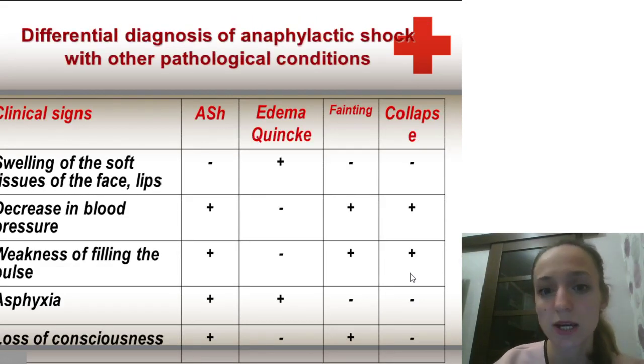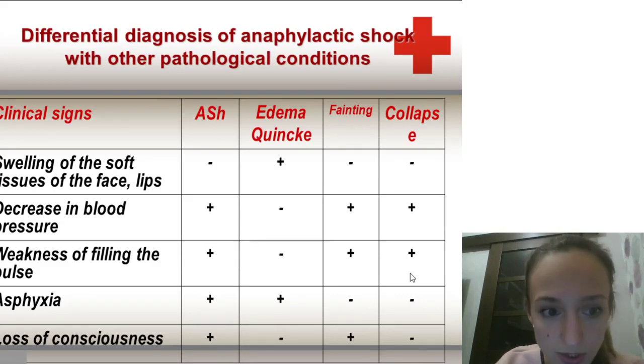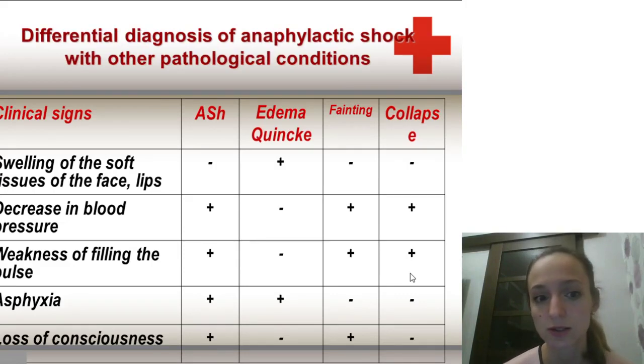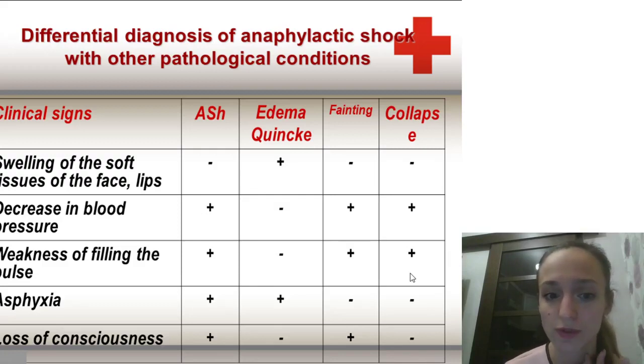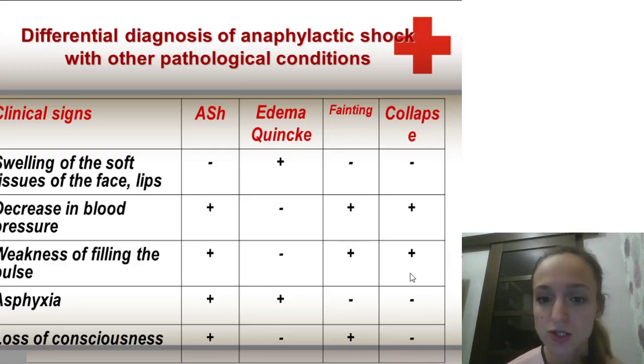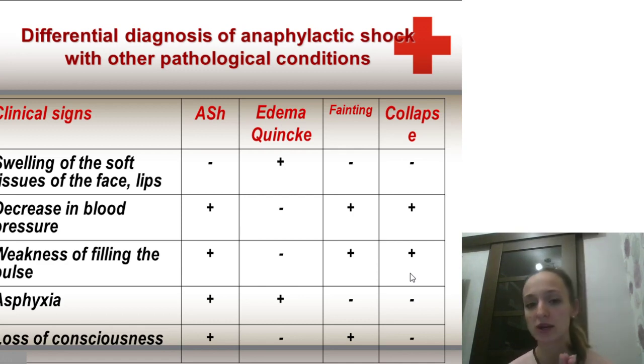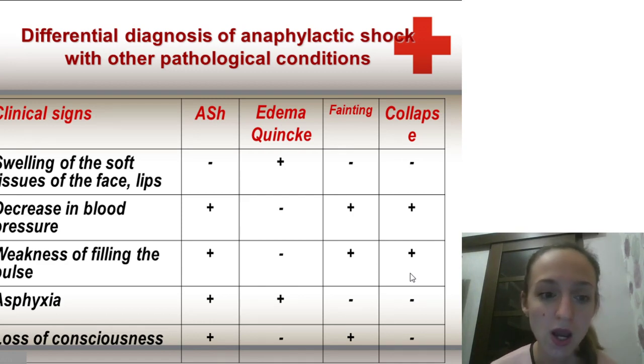Differential diagnosis of anaphylaxis with other pathological conditions. First the clinical signs, then the different conditions: shock, Quincke's edema, fainting, and collapse. Swelling of the soft tissues of the face and lips: plus only when the patient has Quincke's edema.